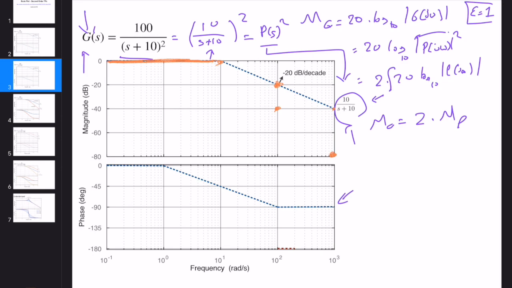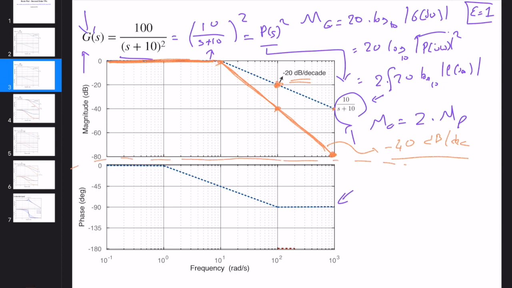If I do it for all of the points, I can clearly see that it is also a line, but different from the first order case, it has a slope of minus 40 dB per decade. Good, so we covered the magnitude response.